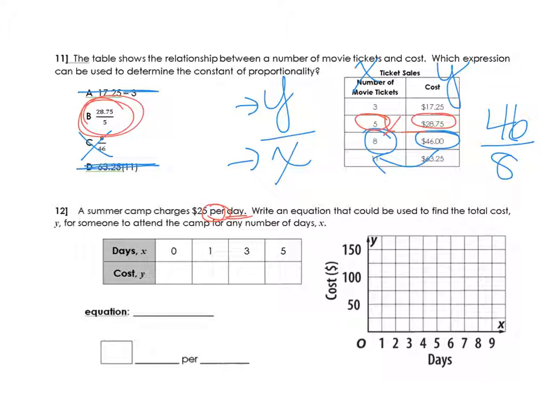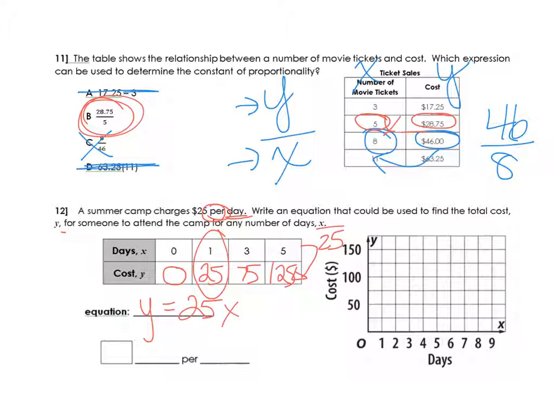So my table is multiplying by 25. So 0 times 25 would be 0 days. 1 day would be 25, because that's my unit rate there. 3 times 25 would be $75, and 5 times 25 would be $125. So my equation should be, they tell me to use X and Y, that Y equals 25X.